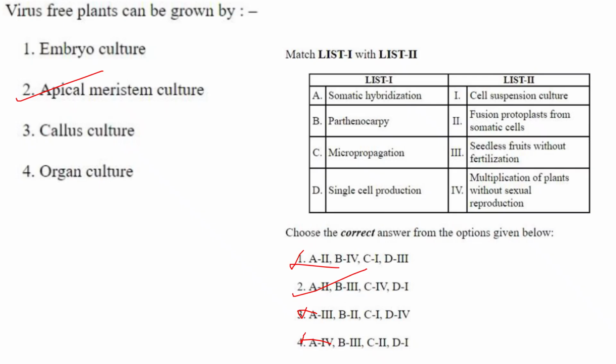And there will not be aggregation of the callus also if you are using friable callus tissue. So single cell production, you use cell suspension culture, so D1.